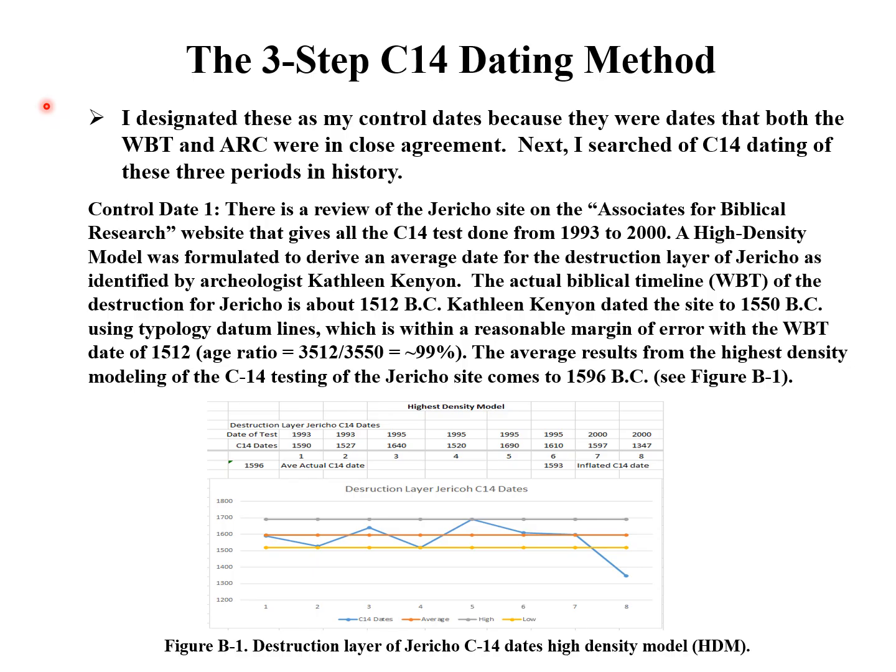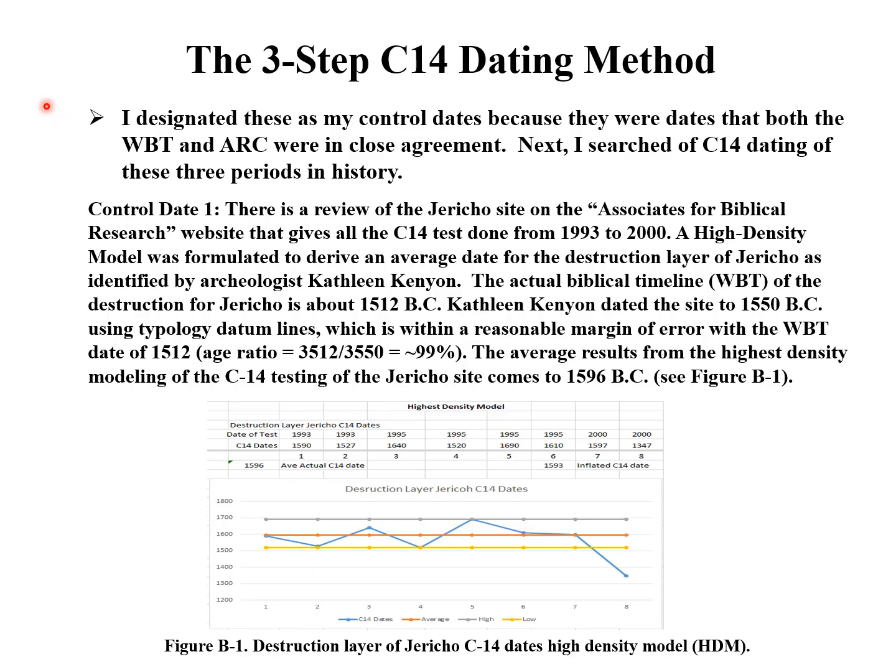So Kathleen Kenyon is the one that established the archaeological date of the destruction layer of Jericho. When we talk about a high density model, we're talking about high density of the data. We're going to look at all the data, and everything that creates a little clump we're going to count as valid test results. Anything outside of the clump data is going to be disregarded. That's what they call high density modeling.